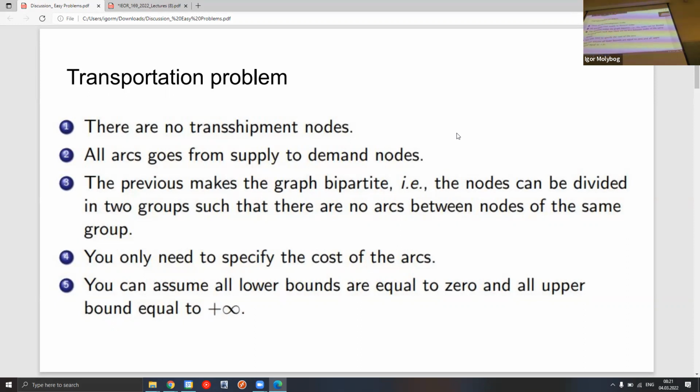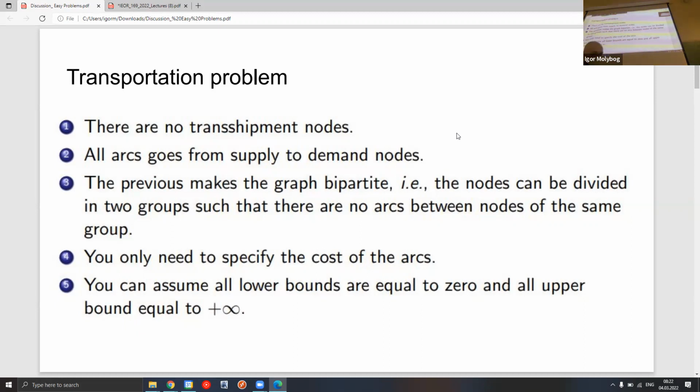So arcs like this are prohibited. The arcs can only go from one part to another one, and they are normally just directed, just one way. They are not edges that go both ways.